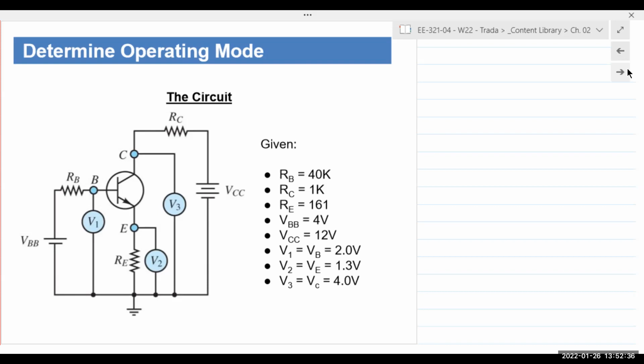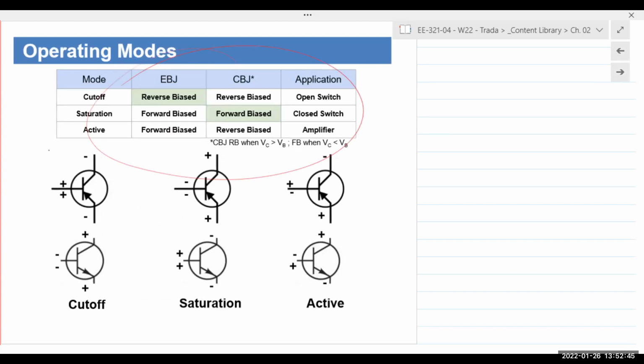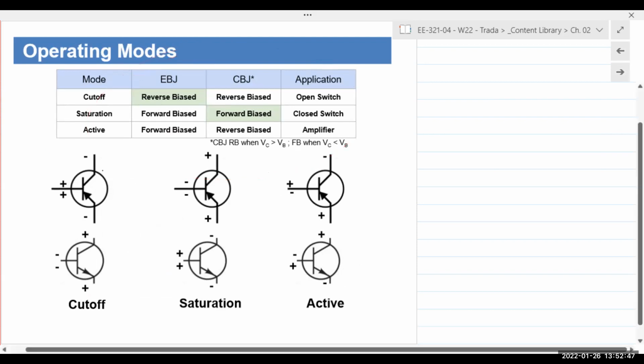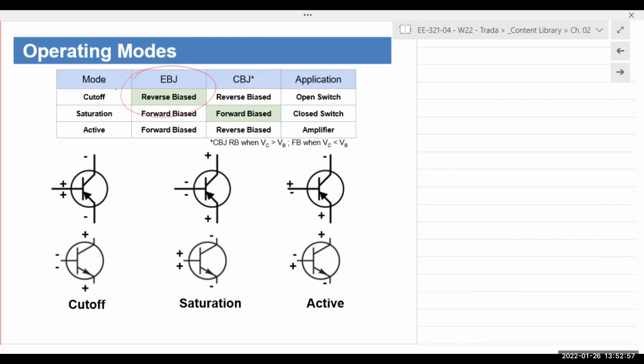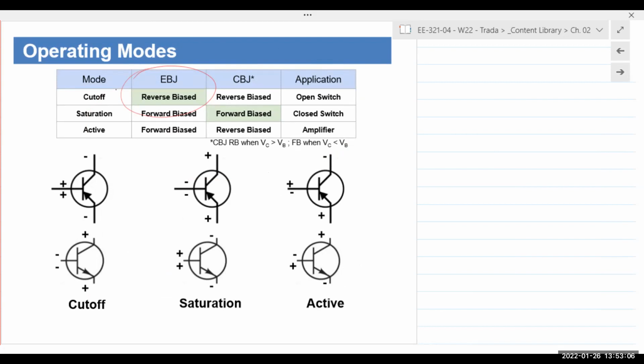Yeah, we measure the voltage and then look up at the table and we can see whether it's forward bias or reverse bias, and then whether it's in cutoff or in saturation. So if we notice, the first thing we can do is check if the emitter base junction is forward bias or reverse bias. Because right off the bat, if it's reverse bias, we can automatically eliminate two of the modes, right? So the first thing we do is we check the emitter base junction.